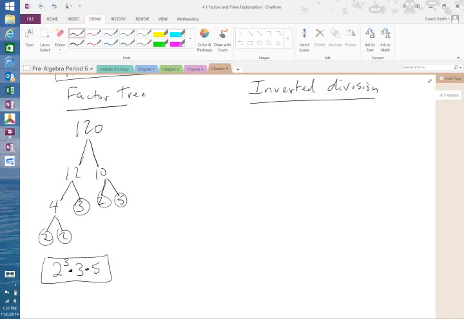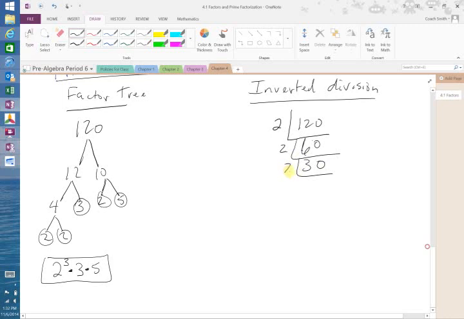Okay, that's factor tree. Now, inverted division is simply that. You just invert the division bar, and you divide by prime numbers. First prime number is 2. 2 goes into 120 60 times. 2 goes into 60 30 times. 2 goes into 30 15 times.